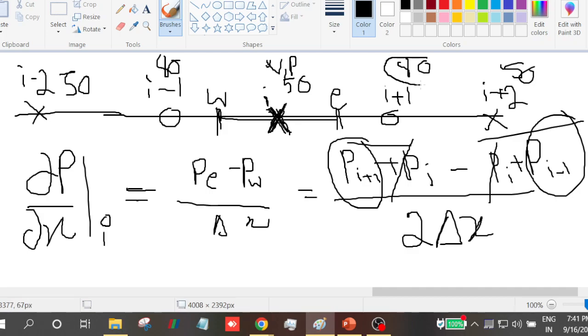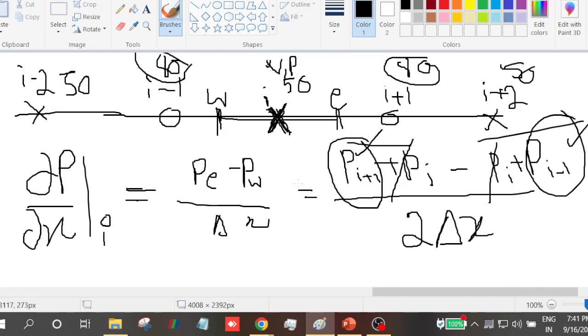PI plus 1 is 80. PI minus 1 is 80. So this will basically become 0. dp by dx at I will become 0. No, not 130. See, here we are getting PI plus 1 minus PI minus 1. From this equation, I hope that is understood.